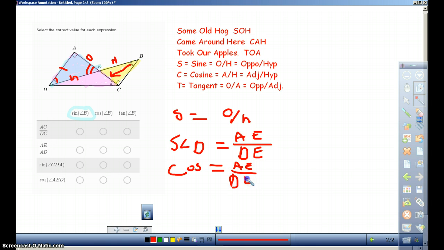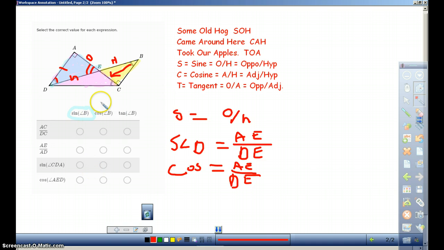So, wow, my sine of angle D is the same thing as my cosine of the other angle in that triangle, not the right angle, but the other third angle here. The sine is the ratio of this over that, and the cosine of this one is the ratio of this over that as well.